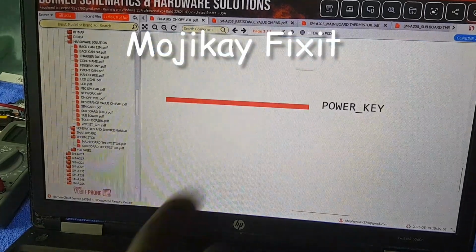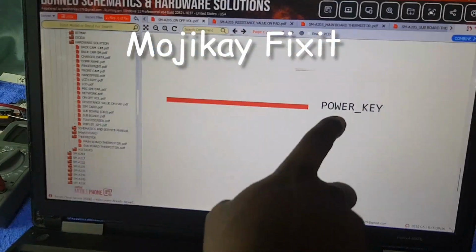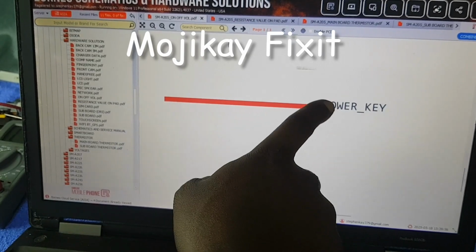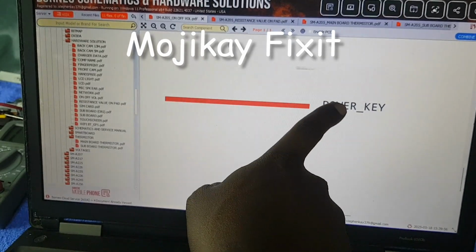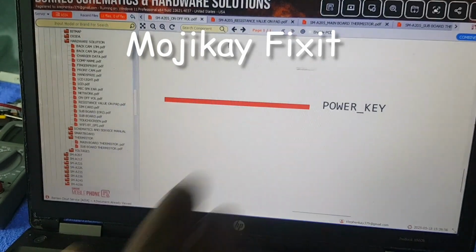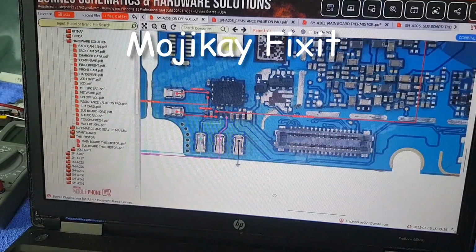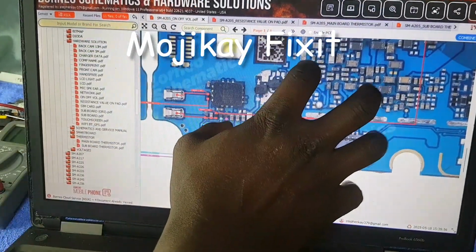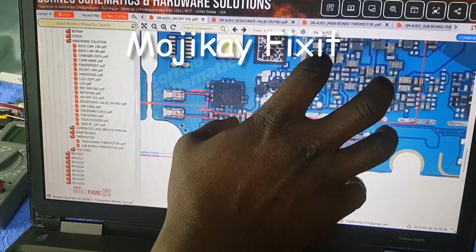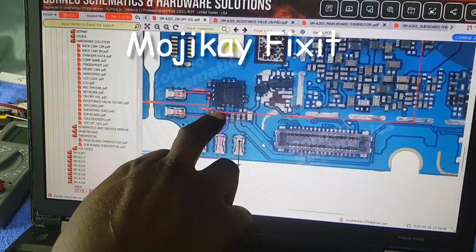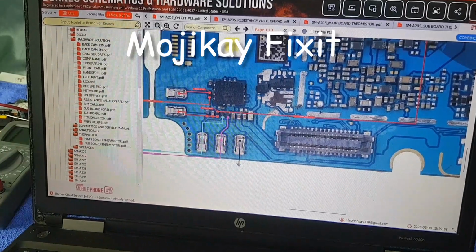As you can see, this power key, for example, if your phone is not powering on and you've checked the flex is reading normal, reading properly, you understand? You are very sure. So you see this red line, you come to your schematic diagram. Like I said, this is the Samsung A20 PCB. So you come to the red lines here, you read it, you look for the resistors around there.